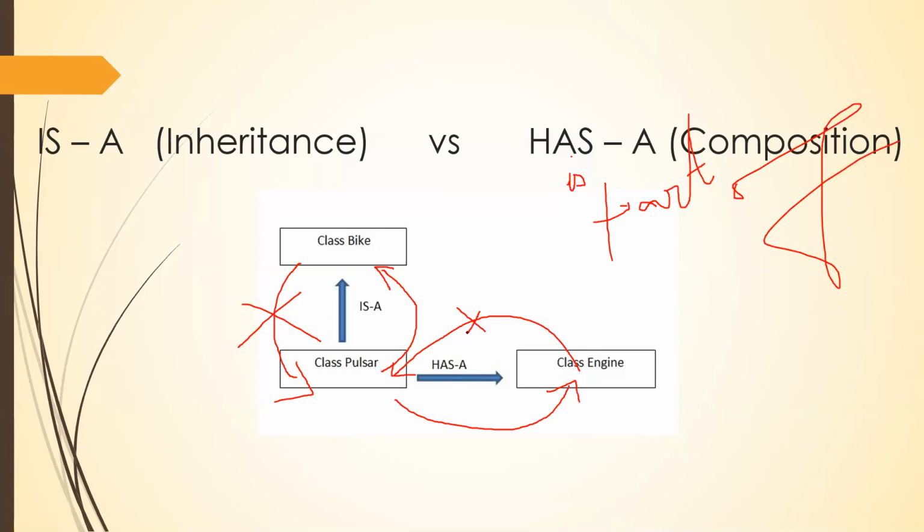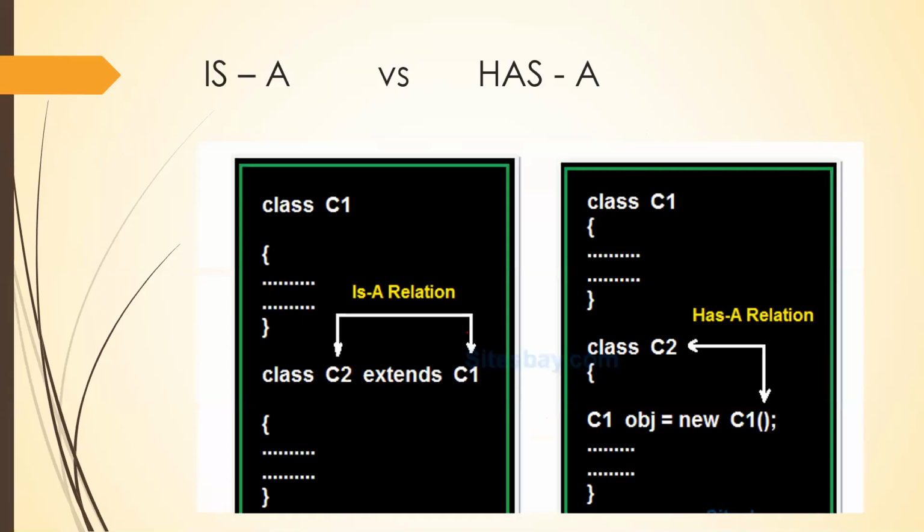Now in serialization and deserialization, we can be using is a and has a in a very efficient way. I'll show you how the classes will look. Now look here. I've got a class called C1. I've even got class C2, which is inherited from C1.